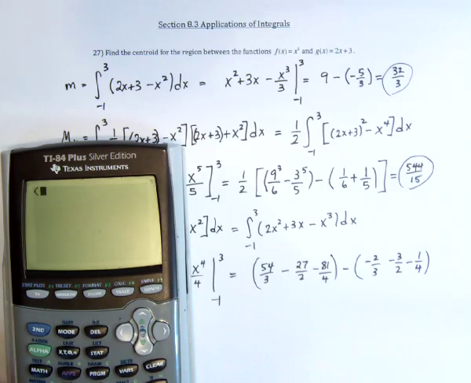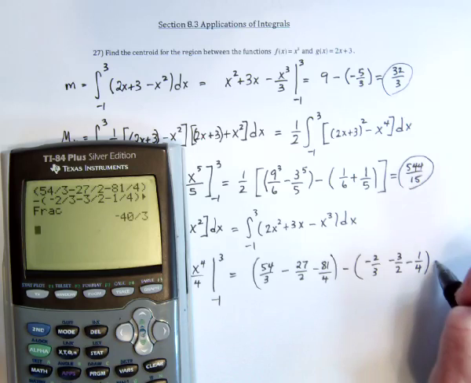So let's see: 54 divided by 3 minus 27 divided by 2 and minus 81 divided by 4. And then subtract from that a negative 2/3, subtract 3 over 2, and subtract 1 over 4. Grand total is negative 40 over 3.